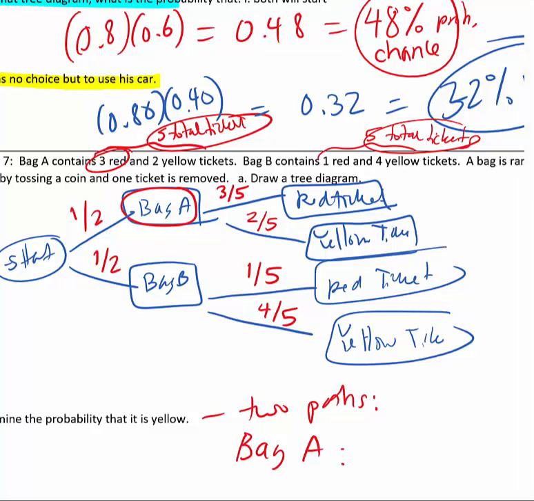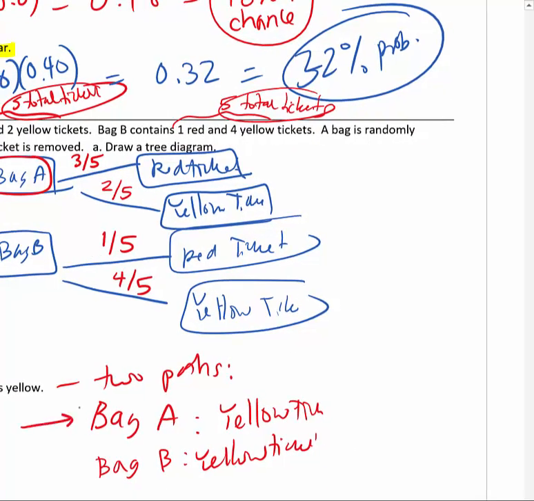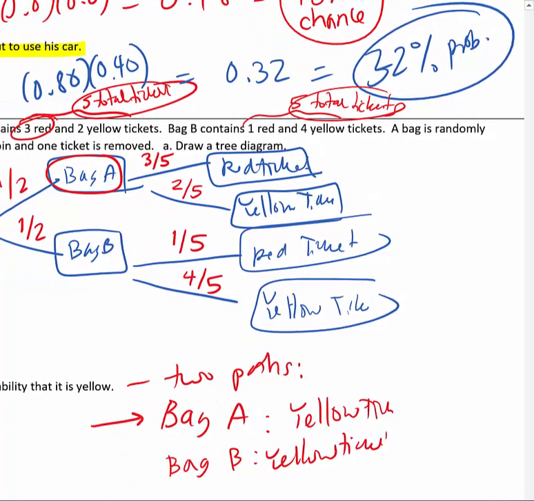You could have chosen bag B and grabbed the yellow ticket, or bag A or bag B. So what we'll do is figure out the probability of going this way, bag A and a yellow ticket, and the probability of going this way. We'll calculate the probabilities individually, then we'll add them together afterwards.